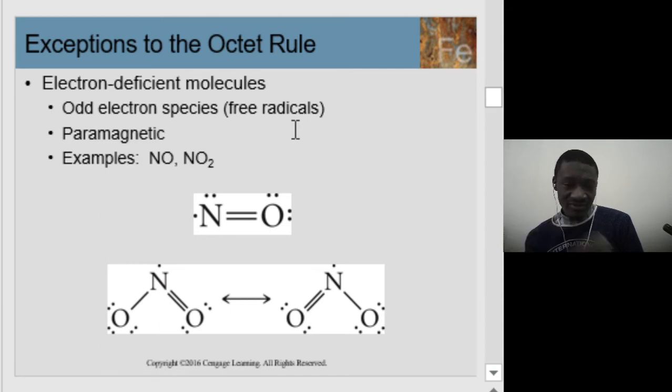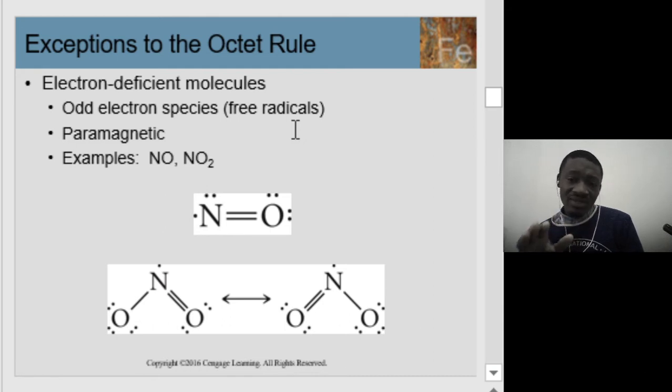Scurvy is deficiency of vitamin C, and a sign is bleeding gums, and your immune system will be very down. So electron deficient molecules are the ones that pose as exceptions to the octet rule.